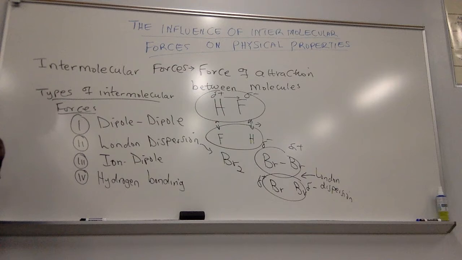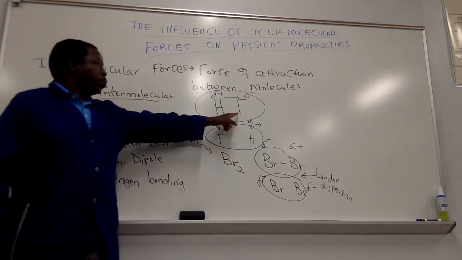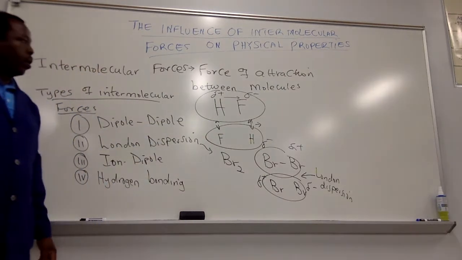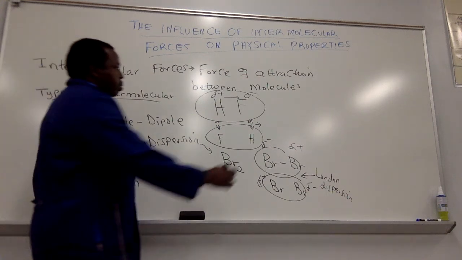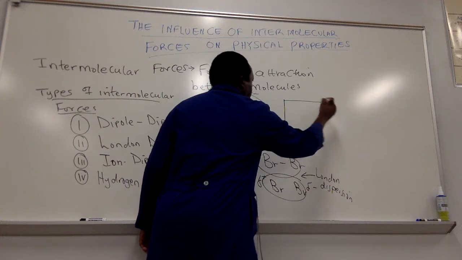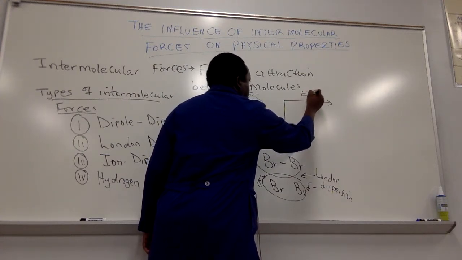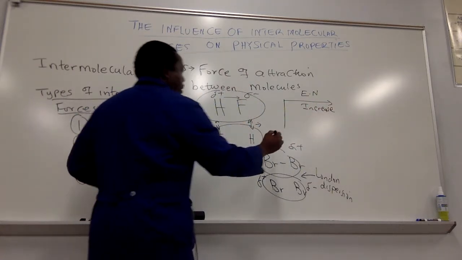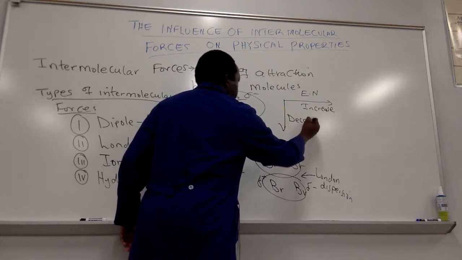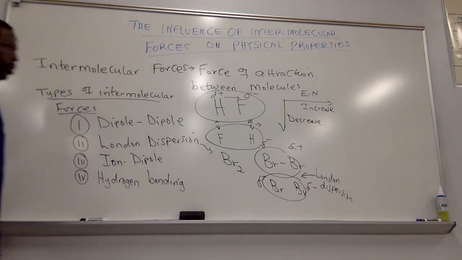How do you know that a molecule is polar? It's by understanding electronegativity. Remember, electronegativity is the ability of an atom to pull electrons toward itself in a polar or covalent bond. The trend in electronegativity is this: it increases from left to right and decreases going down the periodic table.